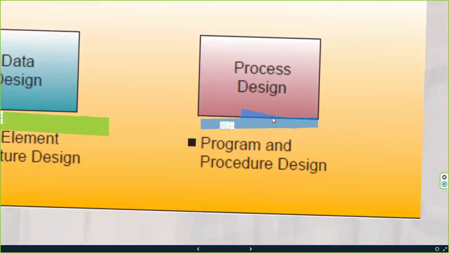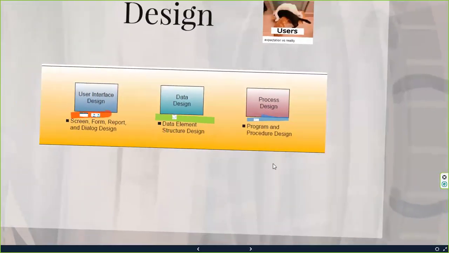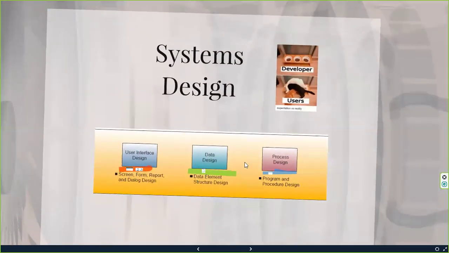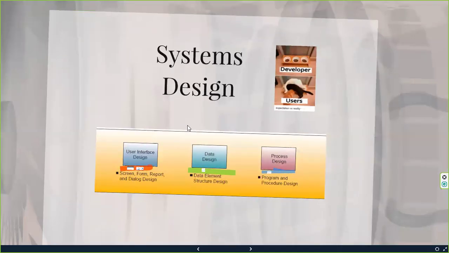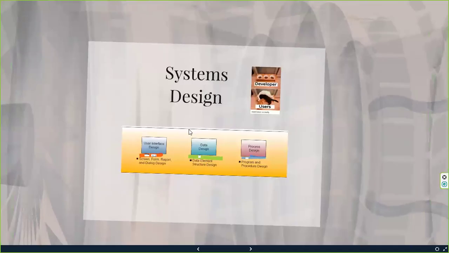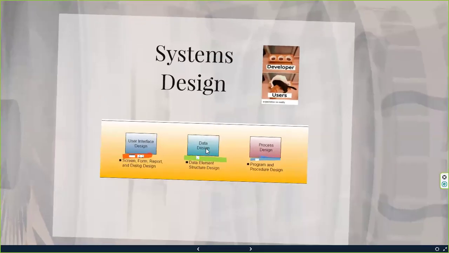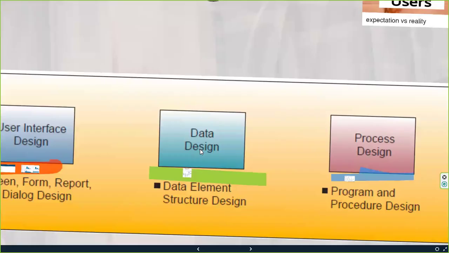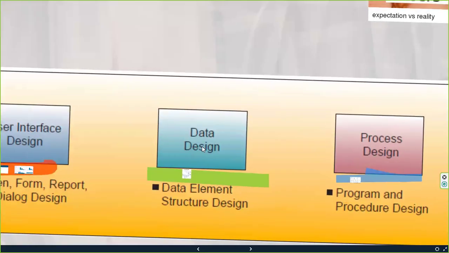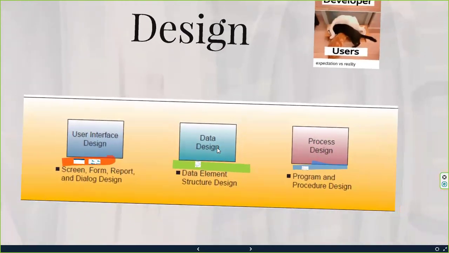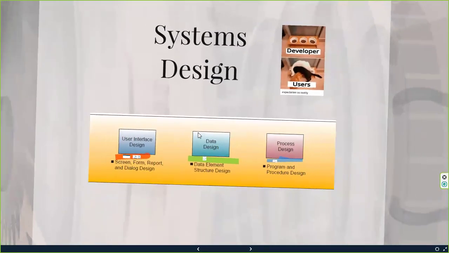If they don't, then this software is high risk because they are not following proper system design. So sir, data design is DFD and process design is SOP? Kind of. In technical terms, we call it ER diagram. I will show you practically. No issue, I'm just going through theory.